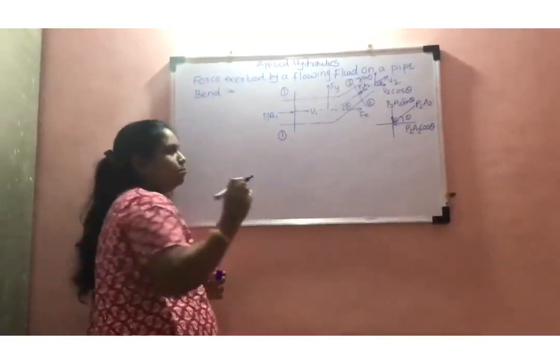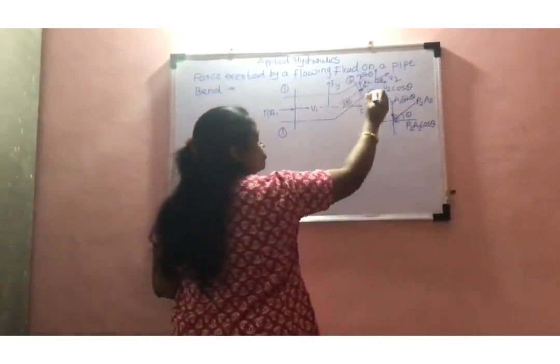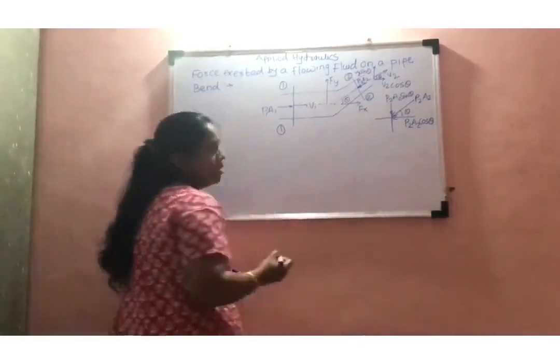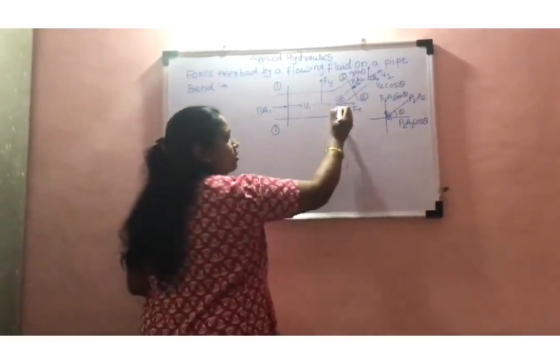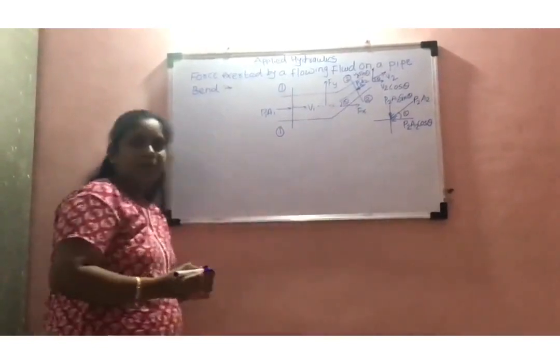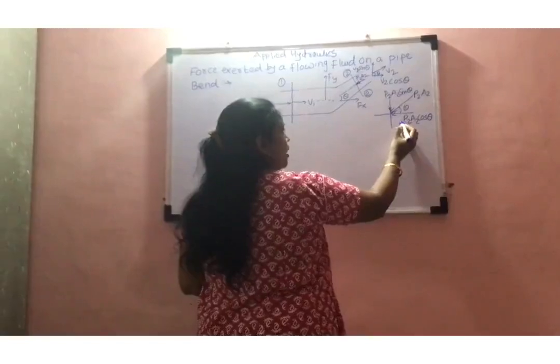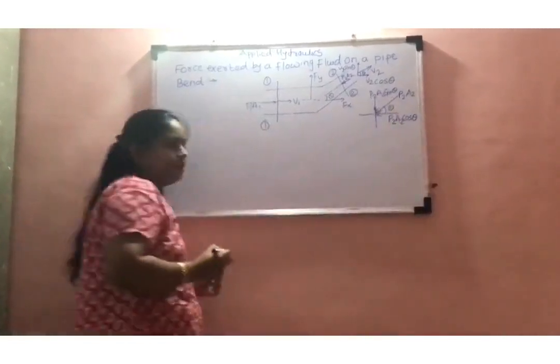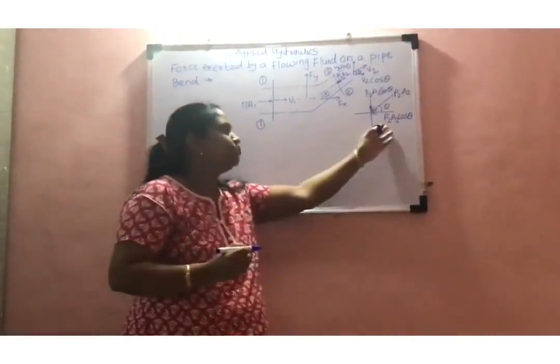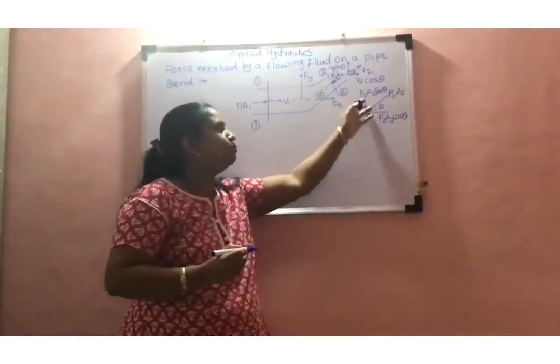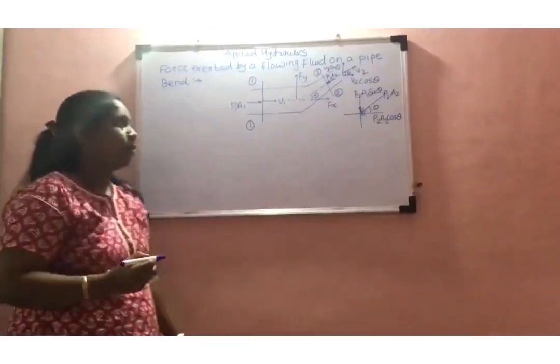For simplification, I am going to resolve this force, which makes an angle of theta with the horizontal. So this P2 A2 is resolved along the x direction and y direction, that is P2 A2 cos theta and P2 A2 sin theta.